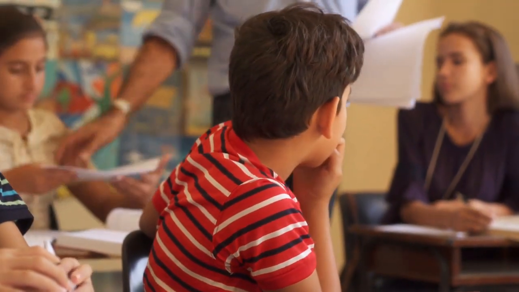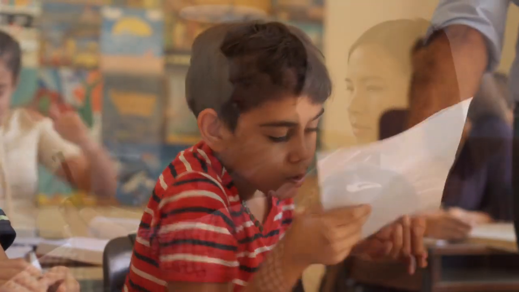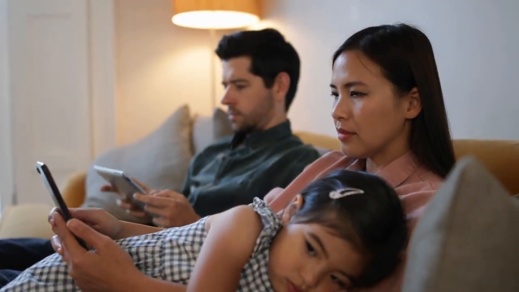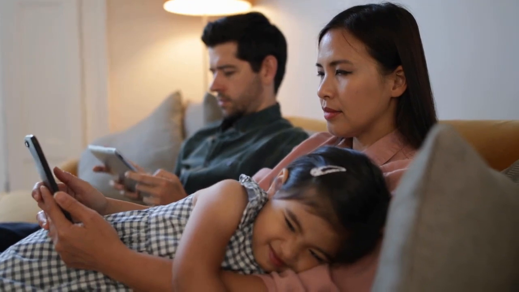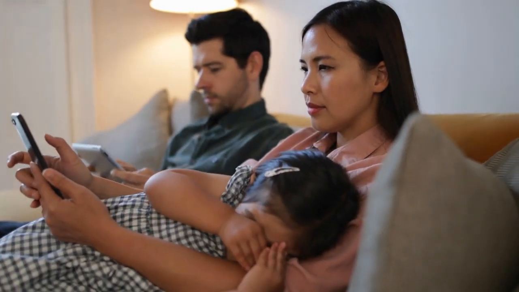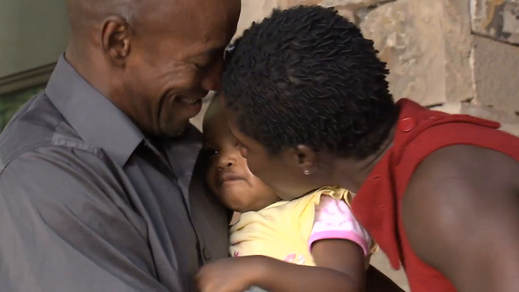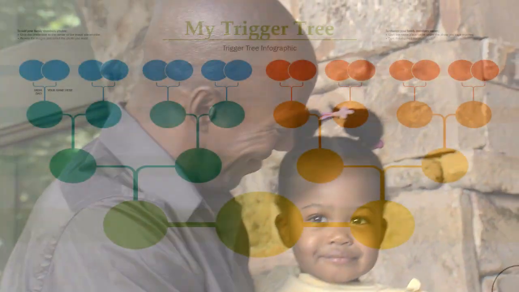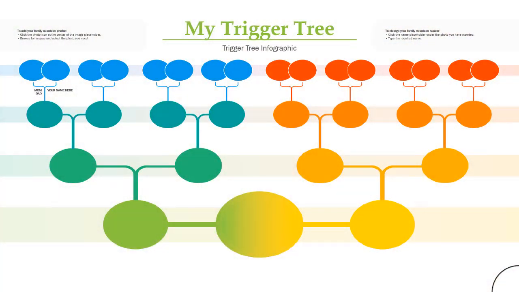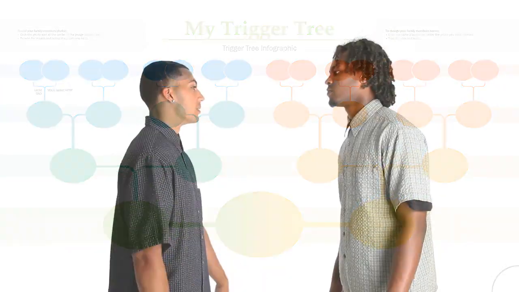But many people don't take the time to go through those exercises, and it is so vitally important to become self-aware. But I know time is valuable, and what I've done is I've provided your own trigger tree so that you can fill in the blanks with just a few questions, and questions that are relating to yourself and how you connect with the people in your world.